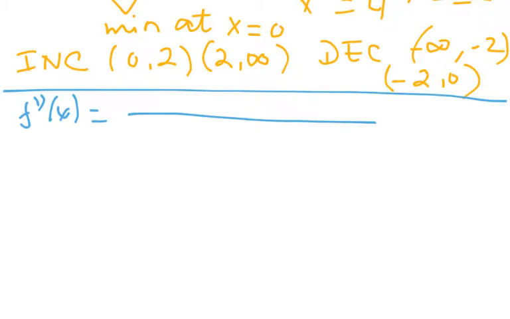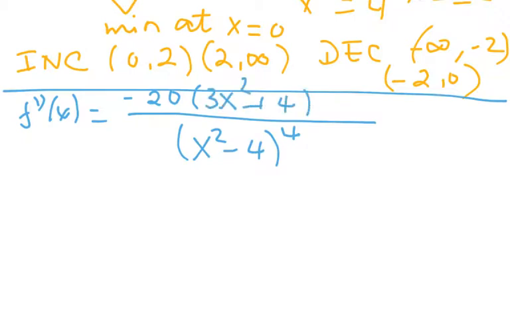The one we're taking the derivative of right now is 20x over x squared minus 4 to the second power. So that means x squared minus 4 to the fourth power. And on the top, if I simplify everything, I should have negative 20 times 3x squared plus 4. Okay.